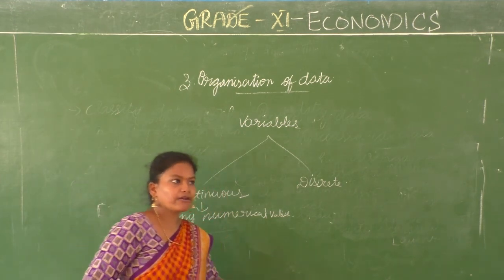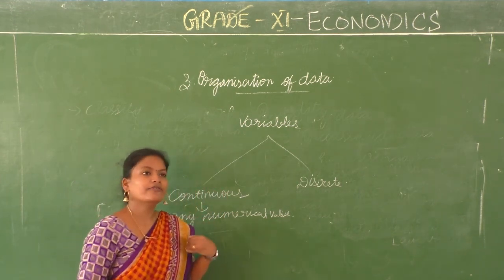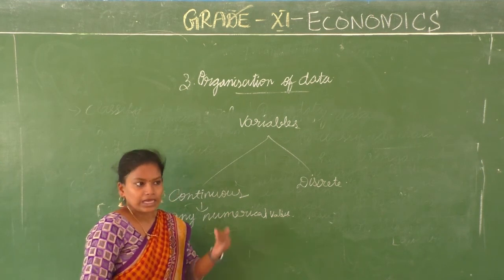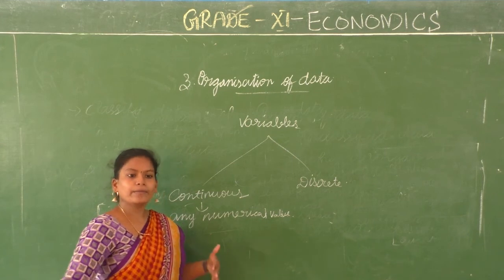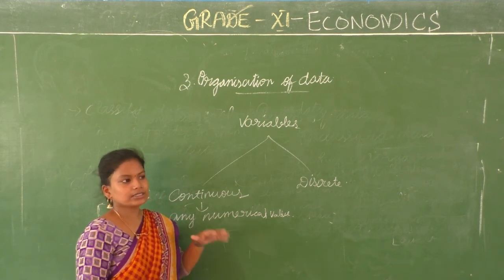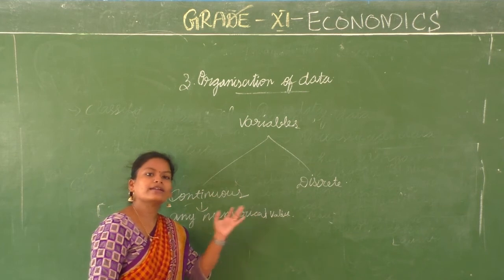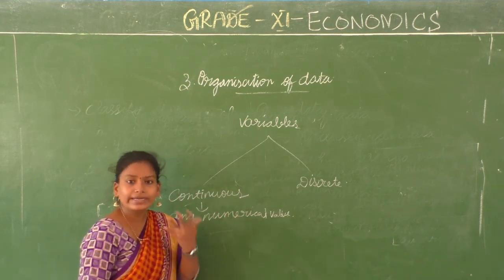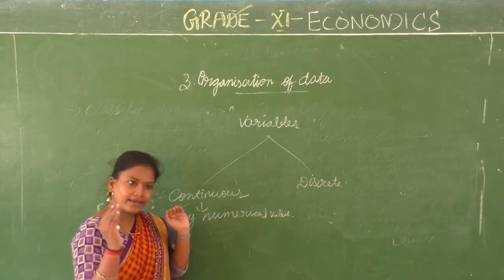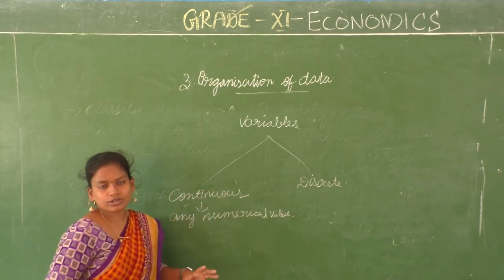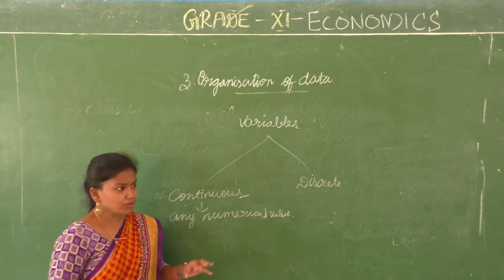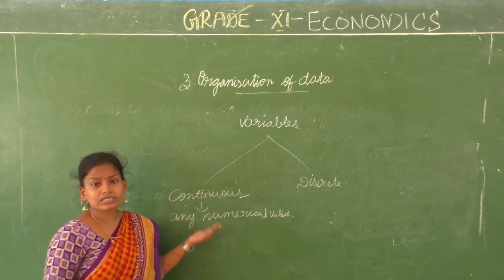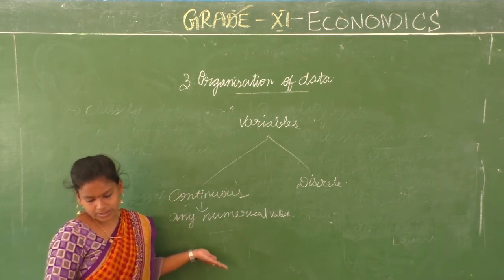So it can be 150 or 155 or 150.1. So you can even go in decimals. When the weight of children in the same class is measured, it can be 19, 19.2, 19.3, 19.9, 20. Within 19 and 20 you can even place 10 children or 12 children based on the decimals. That kind of variable is called a continuous variable.